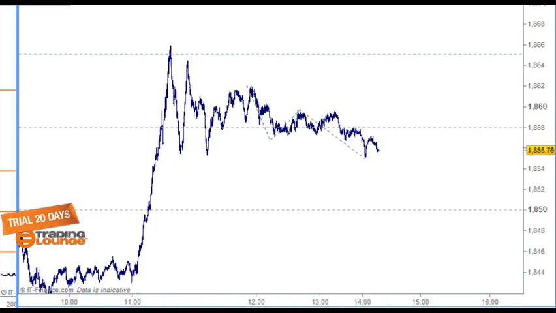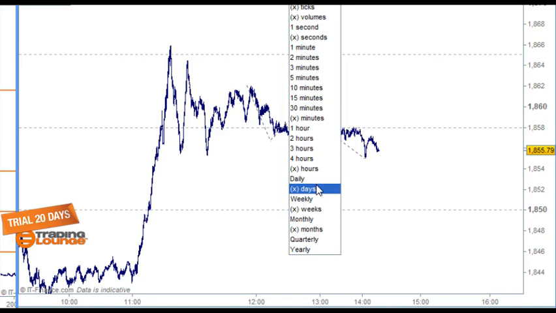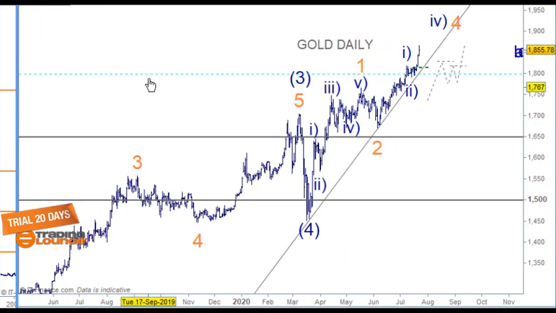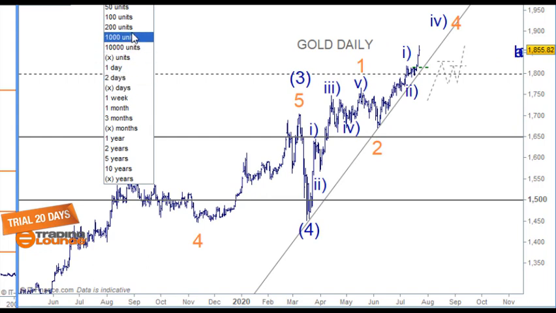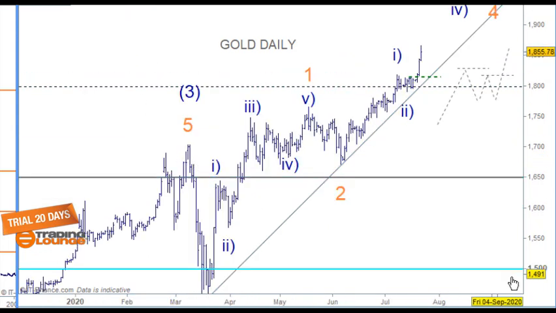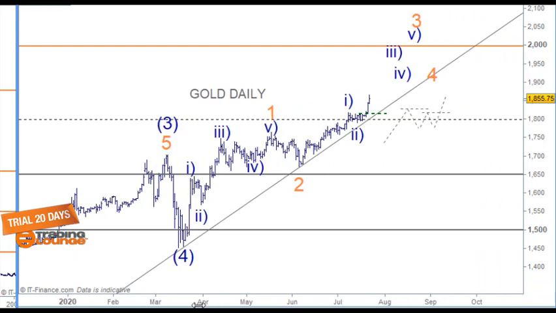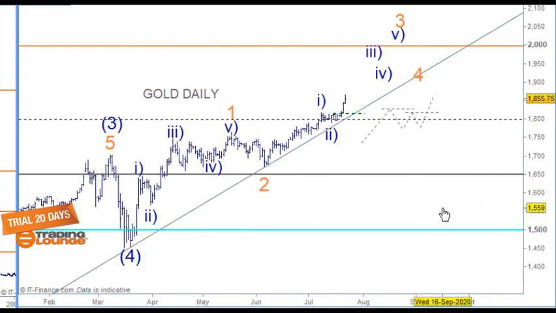So let's just look at gold again on the recap, gold here on the daily chart. So the target's still up there at 2000, and we're just looking for that to continue to push higher there.